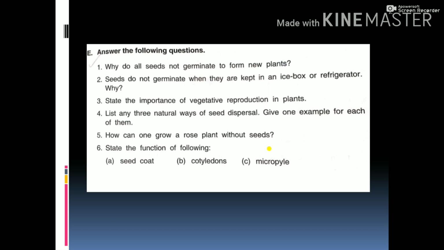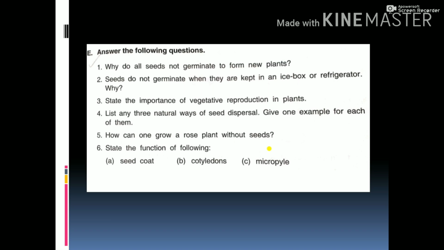Number 5. How can one grow a rose plant without seed? I have just shown you that rose plants can be grown by cutting the stem. Number 6. State the function of the following. Seed coat: you know the outer covering of the seed is known as the seed coat, which protects the seed.